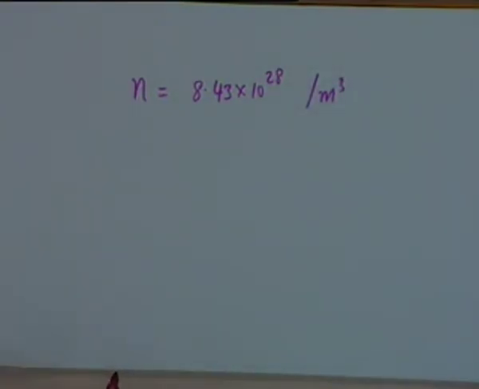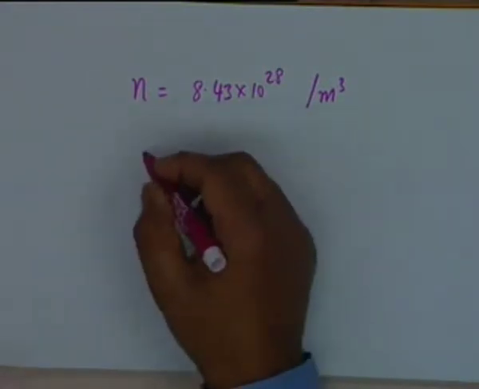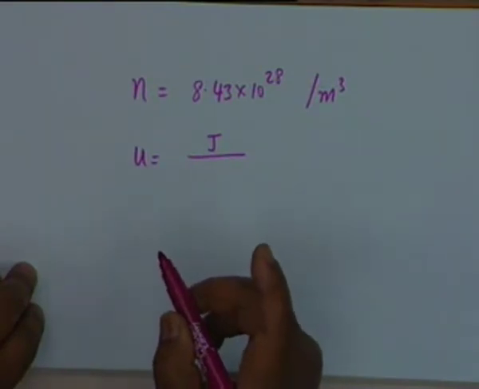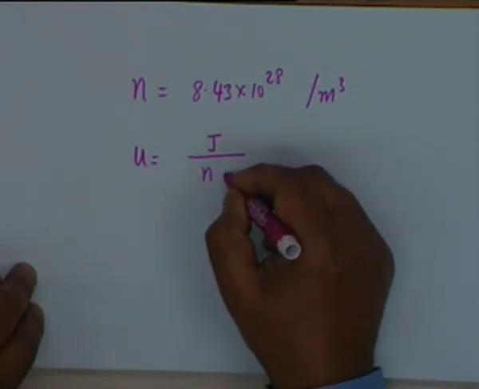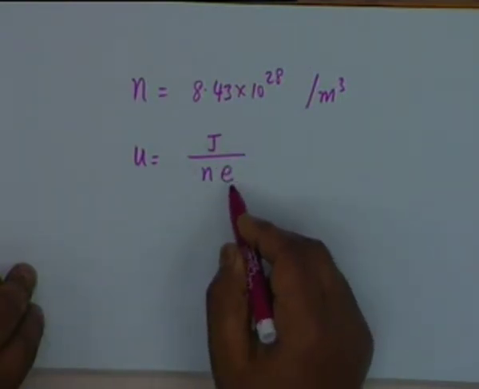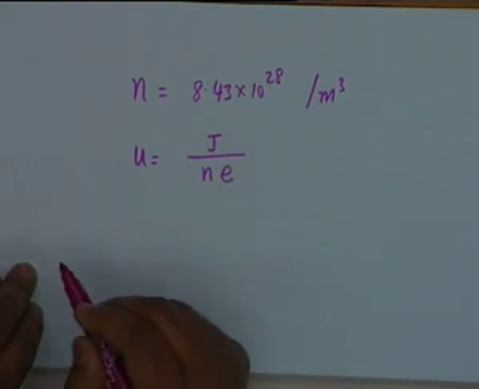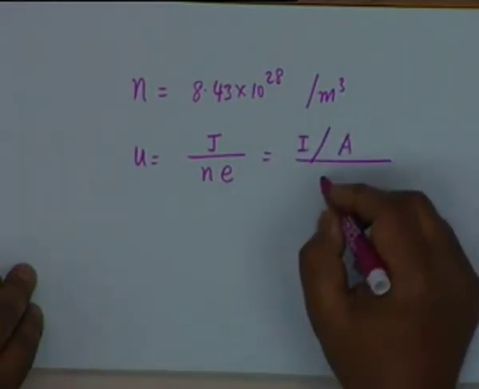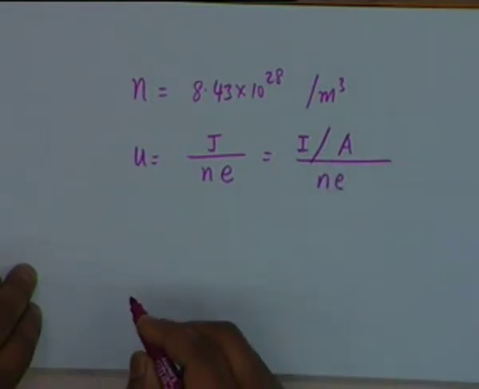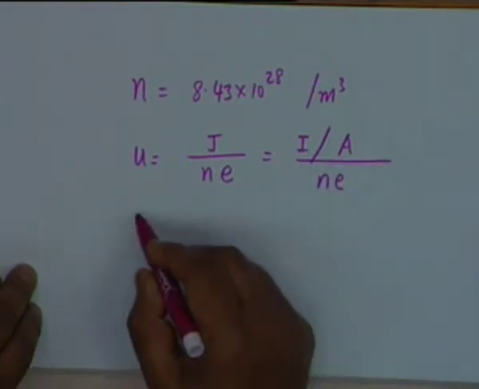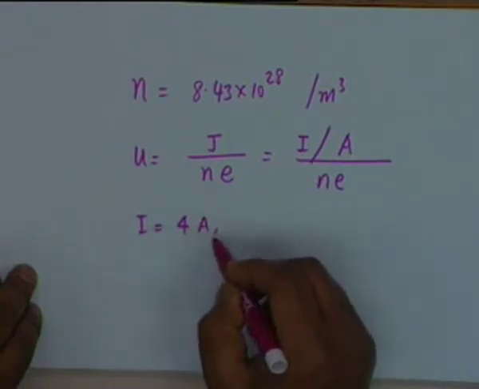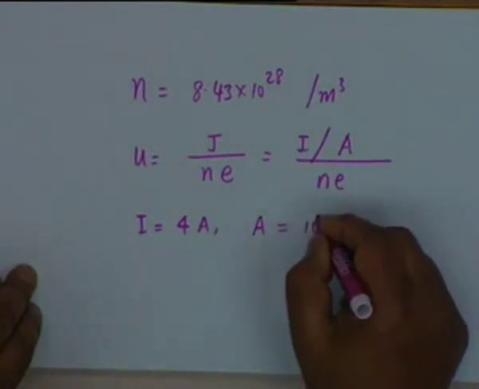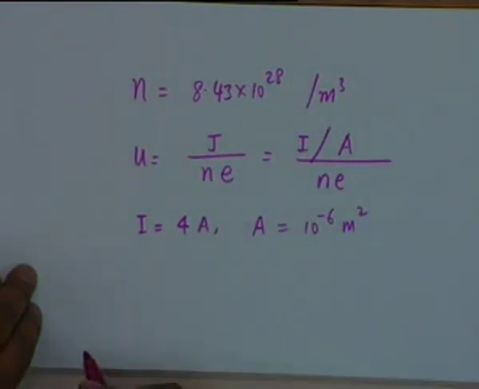Then the drift velocity u is the current density divided by n times the electronic charge e. Current density is n e u, and current density is the current divided by the cross-sectional area. Suppose in a copper conductor, let us say capital I is 4 ampere and the cross-sectional area A is 10 to the minus 6 meter squared.